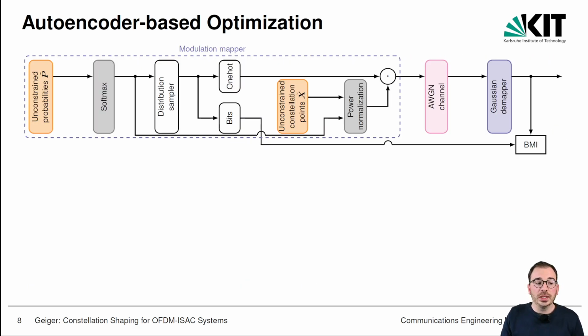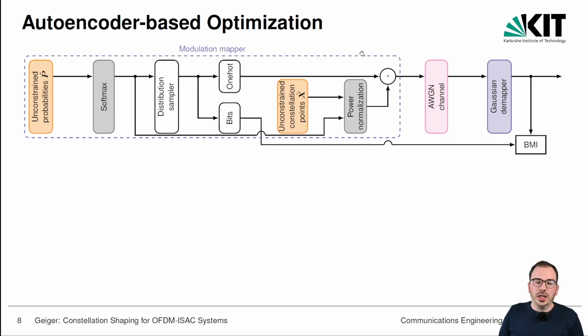Now, in order to solve this optimization problem, we use a communications autoencoder. And in the following, we will include the sensing constraint into this communications autoencoder.